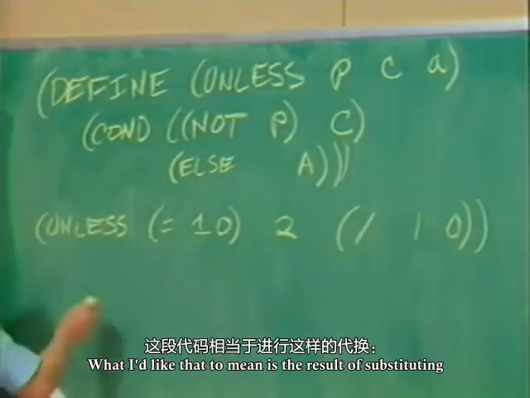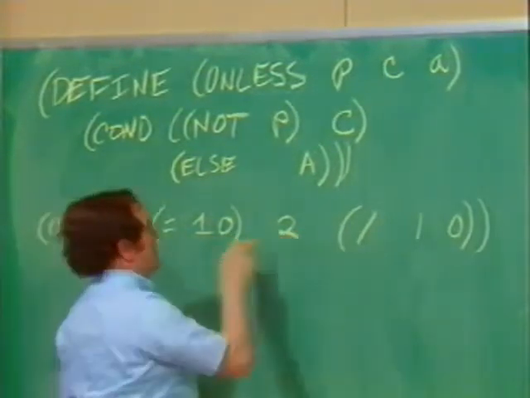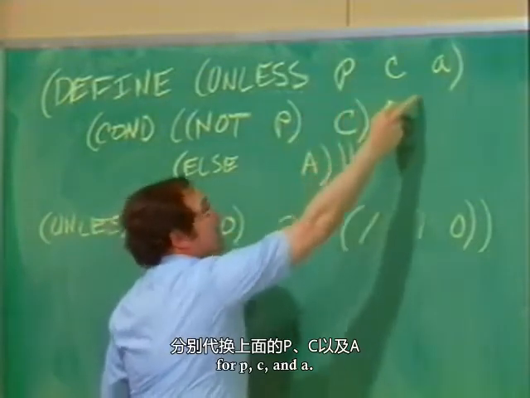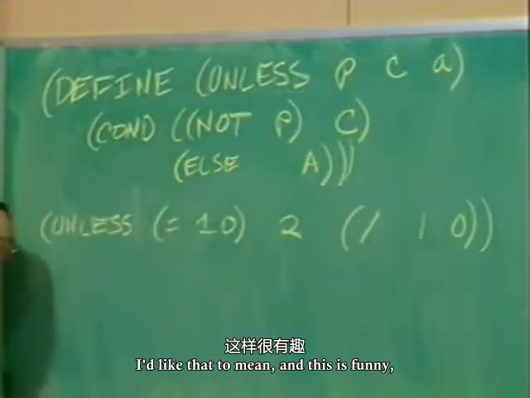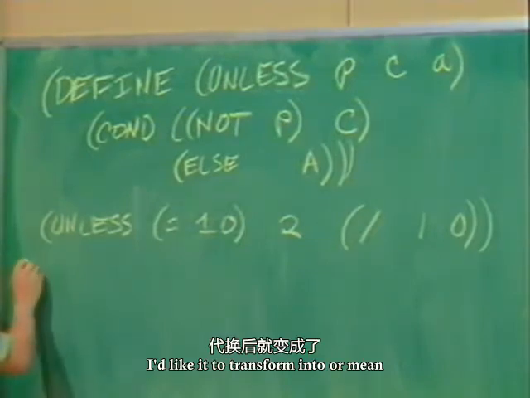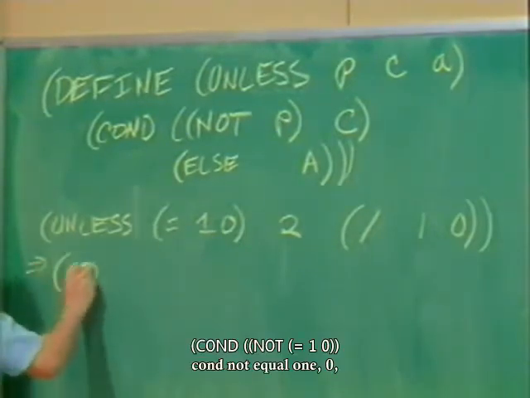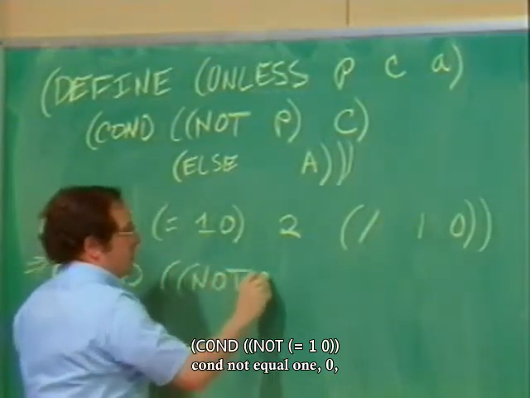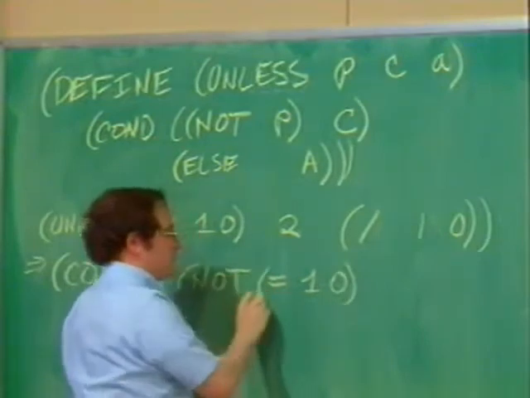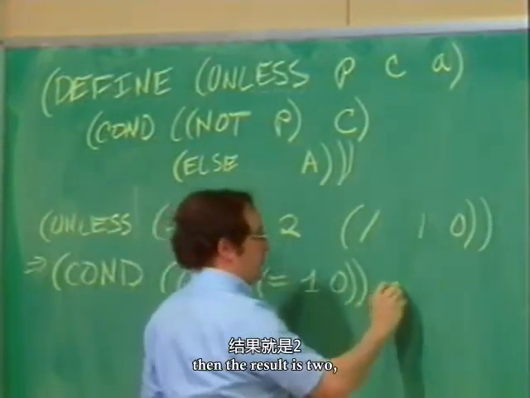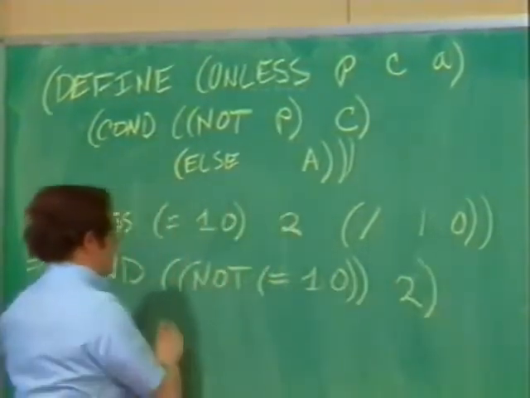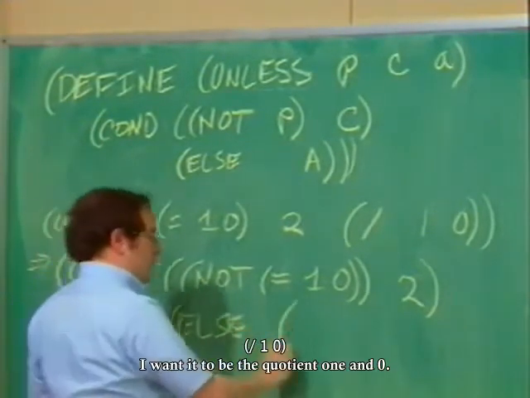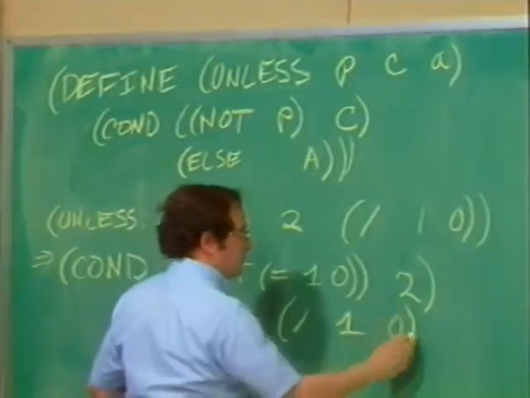What I'd like that to mean is the result of substituting equal 1, 0 and 2 and the quotient of 1, 0 for P, C, and A. I'd like it to transform into or mean cond not equal 1, 0. Then the result is 2. Otherwise, I want it to be the quotient of 1 and 0.